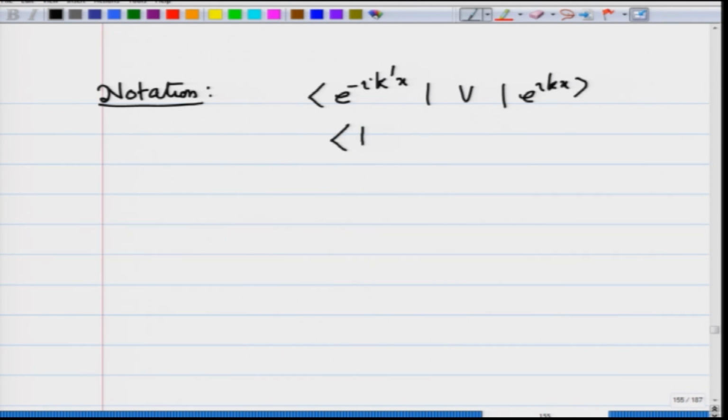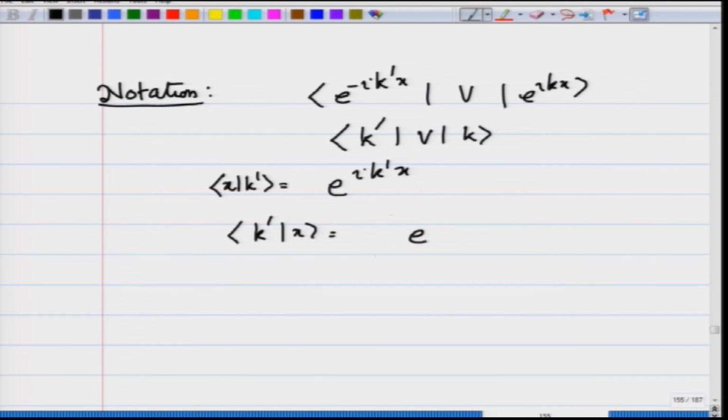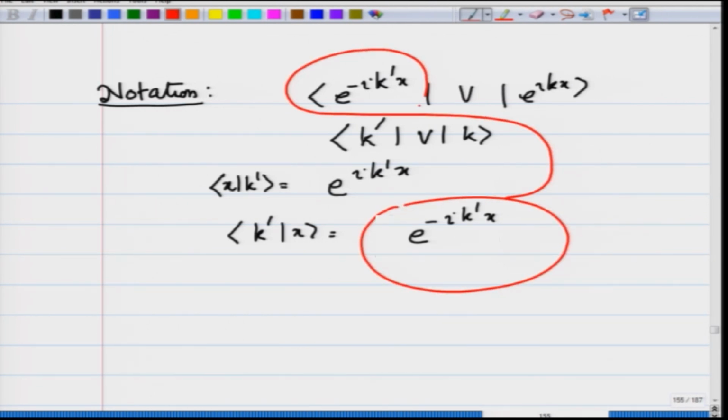Actually, what this refers to is the matrix element k prime V k, and the space representation of k prime is e raised to i k prime x, and therefore, the space representation of bra k prime becomes e raised to minus i k prime x, and this is what I have used directly in writing my matrix elements. In case you wonder, I just wanted to clarify that. So, I will be using this back and forth, just follow this as it is.